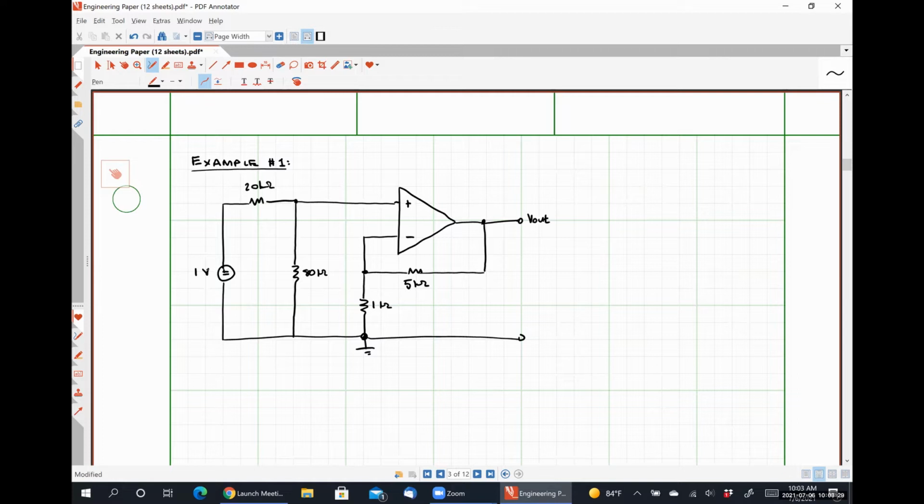So before we get into our analysis specifically, I'd like to remind you guys of the rules. So rule number 1 is there can be no potential difference between the input terminals.